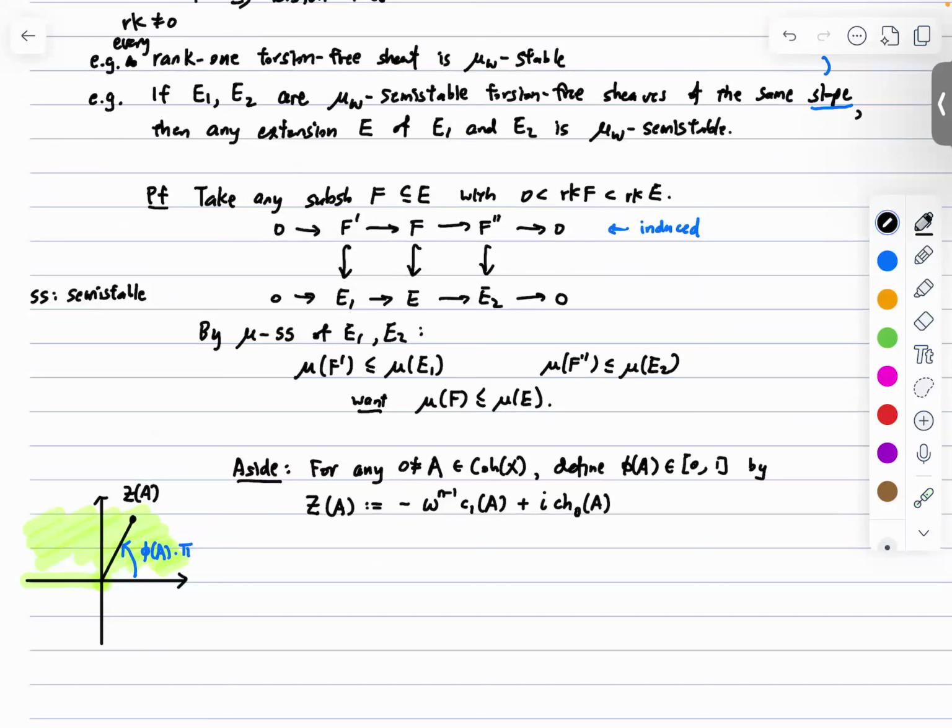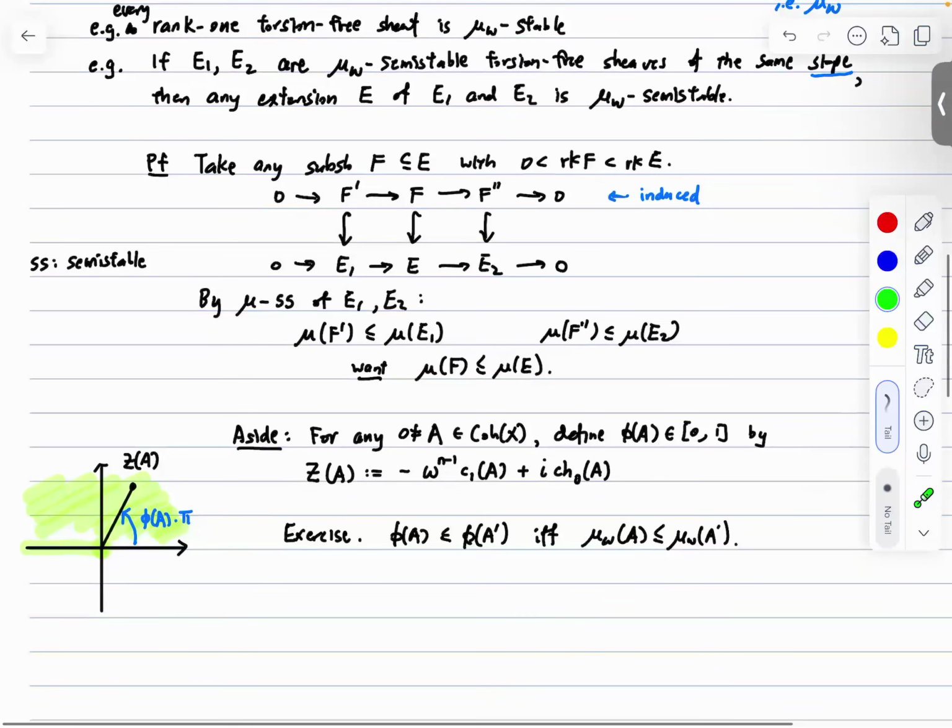And that comes from the fact that if you have two coherent sheaves, then phi of one sheaf A is less than or equal to phi of another sheaf A prime if and only if you have the same ordering on their slopes. So this means that when it comes to defining the slope stability of a coherent sheaf, we can use this number phi instead.